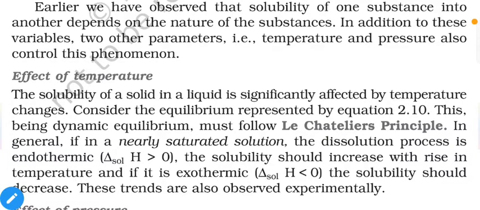At 50 degrees Celsius, let's say you can dissolve 10 grams more, so total solubility will be 110. At 100 degrees Celsius, you can dissolve 10 grams even more, so the solubility of sugar is 120 grams. At 25 degrees it is 100, at 50 degrees it is 110, and at 100 degrees Celsius it is 120 grams.